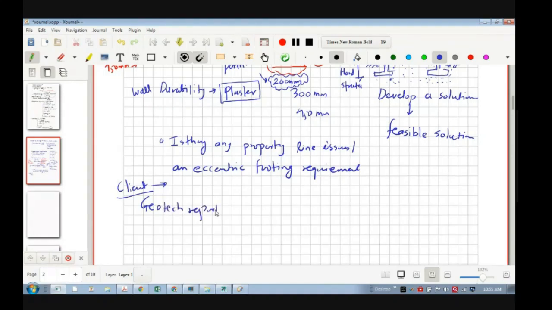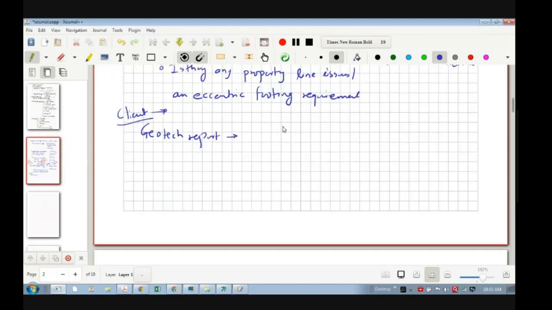Okay. So in the geotech report, what information will you get? You will get the hard strata level, where the hard strata is, and you will get the SBC value. If there is a water table, you will get the water table also. Okay.